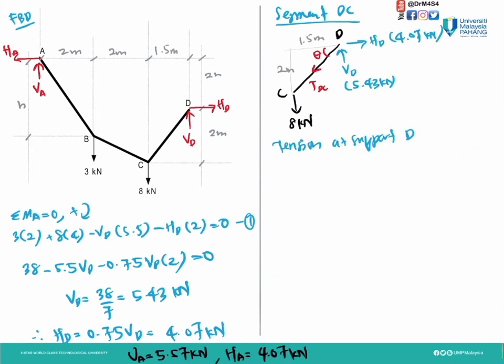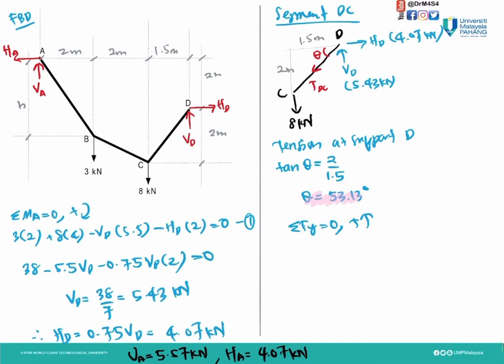Next, still for segment DC, we need to determine the tension at support D. So we need to determine this angle and we need to determine this TDC. We know the forces VD and HD. Calculating the tangent, we get 53.13 degrees.